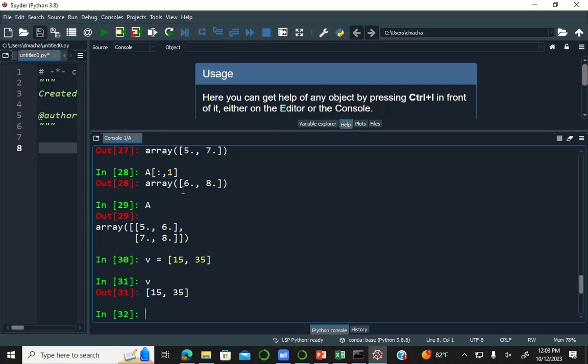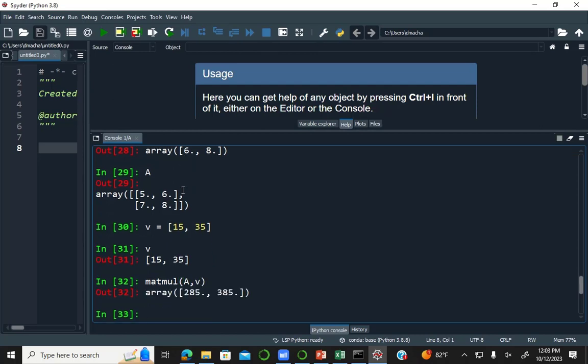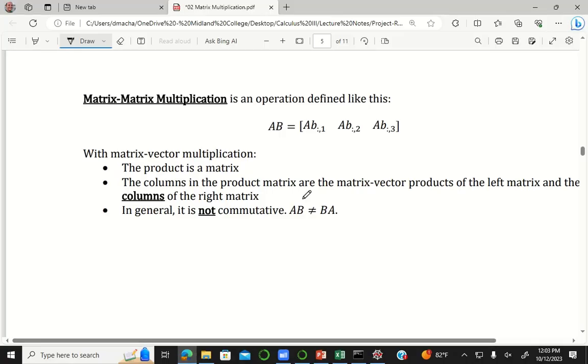If I want to multiply these, I think the command is matmul, and I do A comma V. And so the product vector, A times V, is going to be the vector 285, 385. Okay. Not so bad in Python anyways.